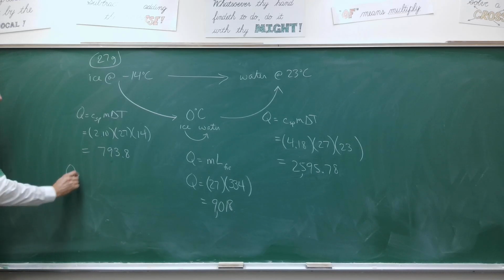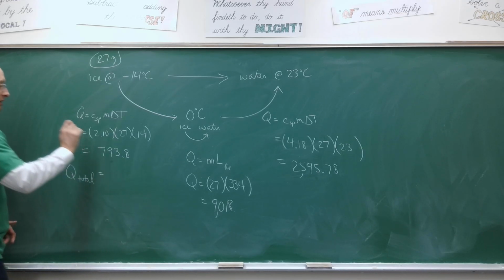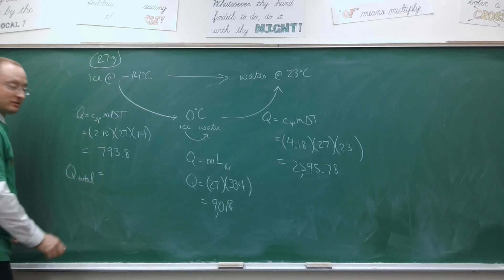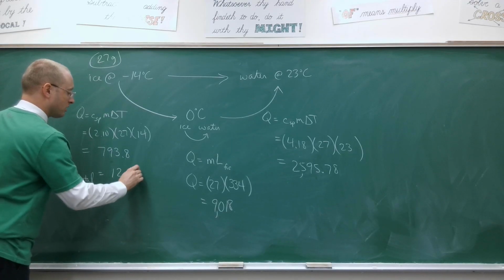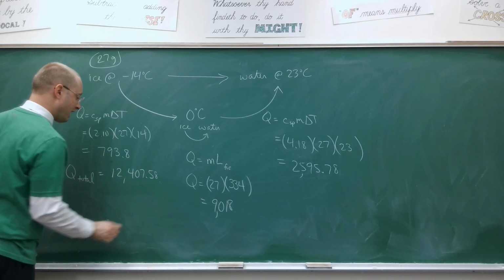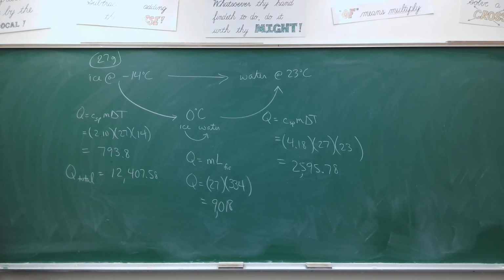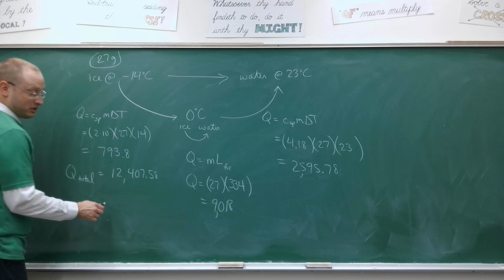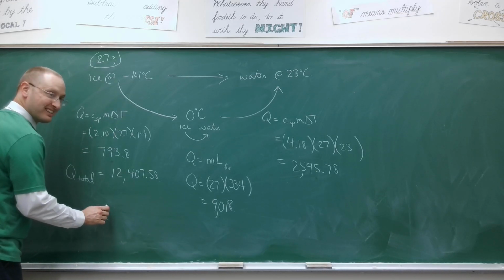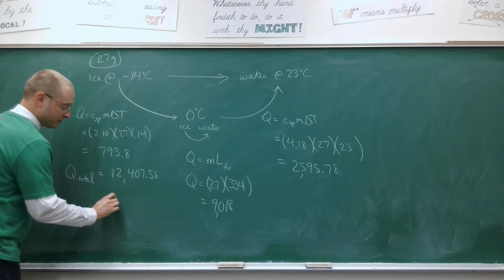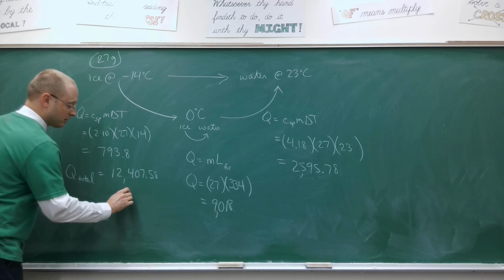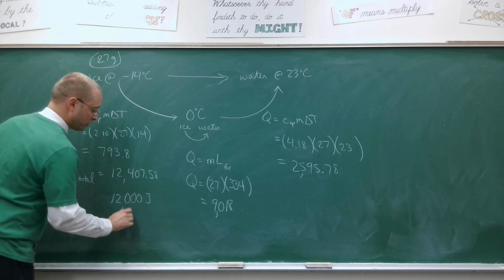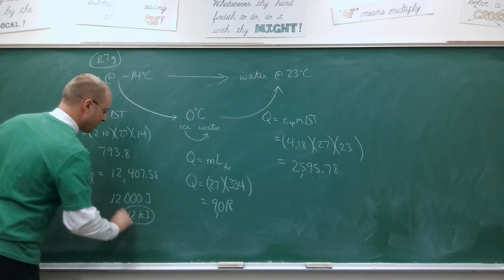So total heat required, what did you have, Olivia? 12,407.58 joules. All right, and then sig figs, looks like 2. So a really rounded number: 12,000 joules rounded, or 12 kilojoules if you don't want to write all the zeros.